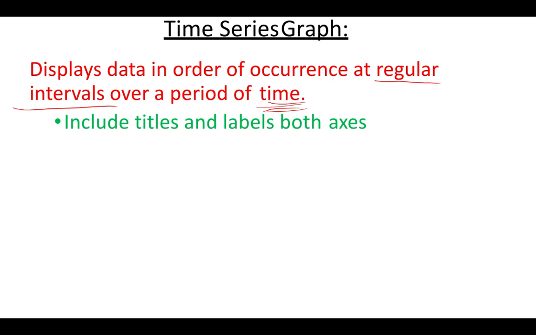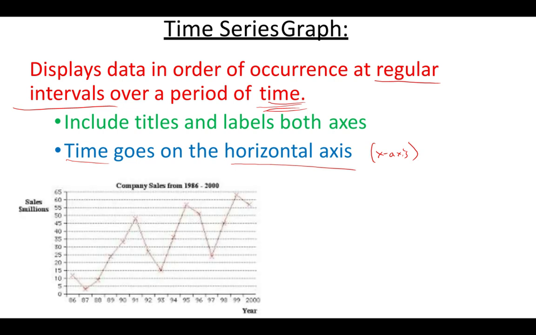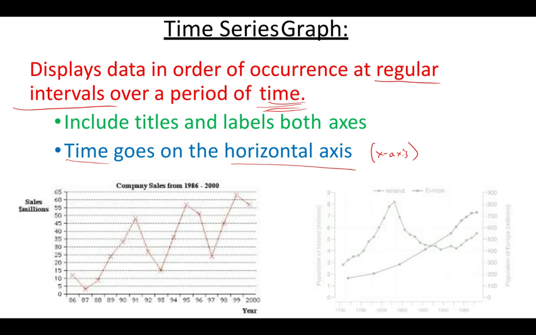Make sure you include titles and label both axes, as with any graph. And the time always goes on the horizontal or the x-axis. Time always goes on that axis. Here's a couple examples. Here's some company sales from the year 86 to 2000.